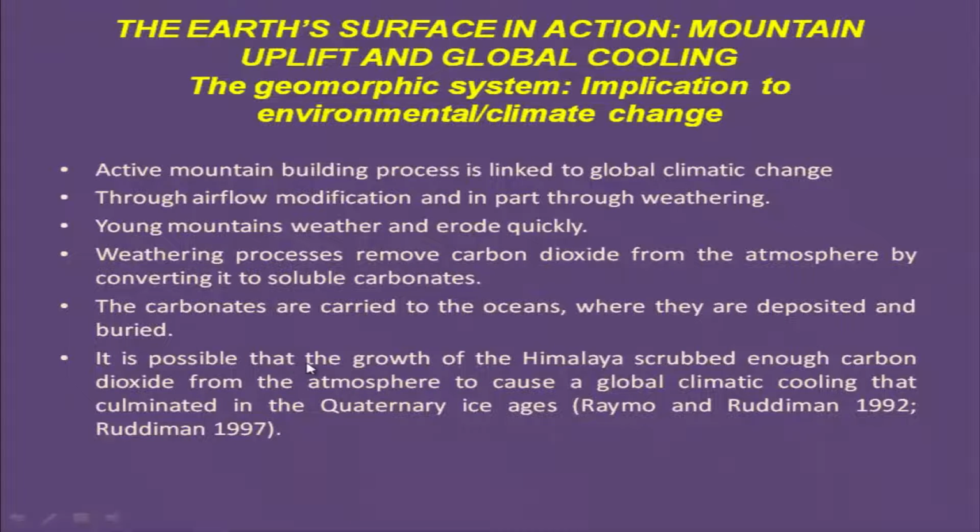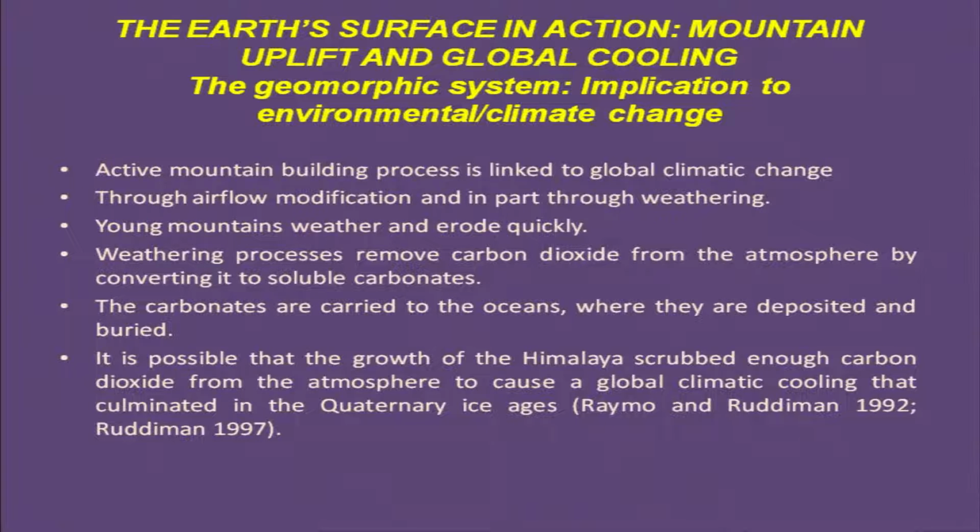It is possible that the growth of the Himalaya scrubbed enough carbon dioxide from the atmosphere to cause a global climate cooling that culminated in the Quaternary ice ages. This has already happened, and it will happen in future because mountain building activities continue.